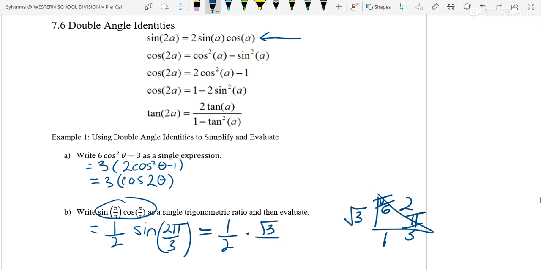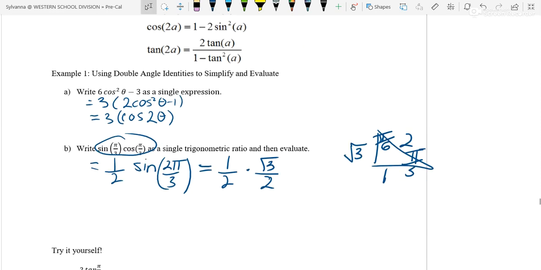And the 2 pi over 3 means it's in quadrant 2, and sine is positive there, so I just leave it as is. So then my answer should be root 3 over 4. And that's it. I put it into a single trigonometric ratio at first, and then I evaluated by the end. I got my exact value, and that's it.